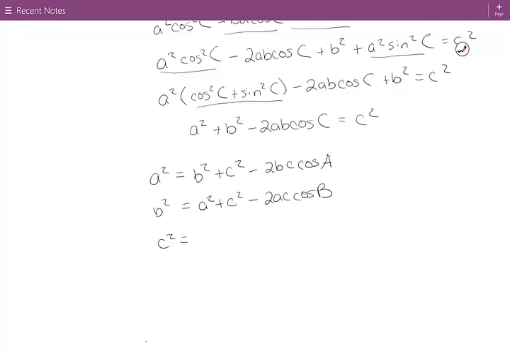And the one that we just found, c squared, is equal to a squared plus b squared minus 2ab cosine of c. So this is our law of cosines.